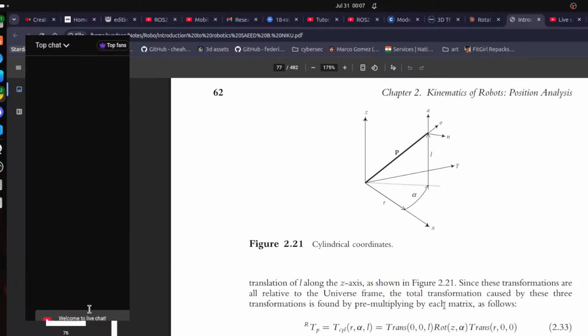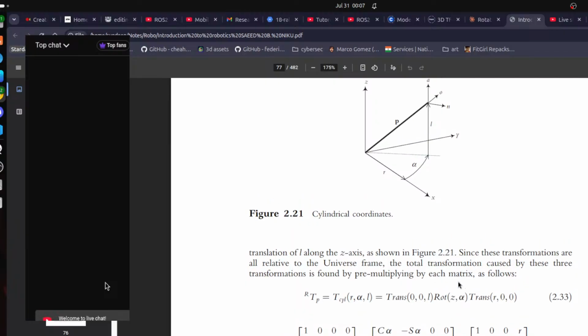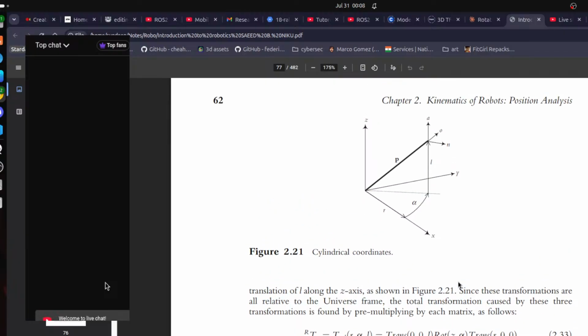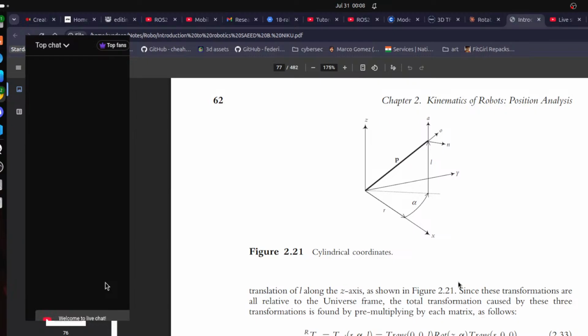So essentially, Cartesian transformation is, I mean, we don't have to follow this framework, but it might be a good idea to do this in certain kinds of manipulators.